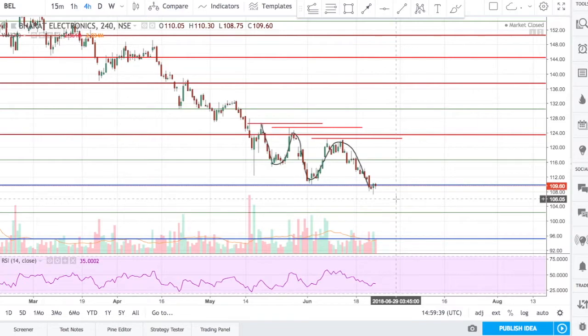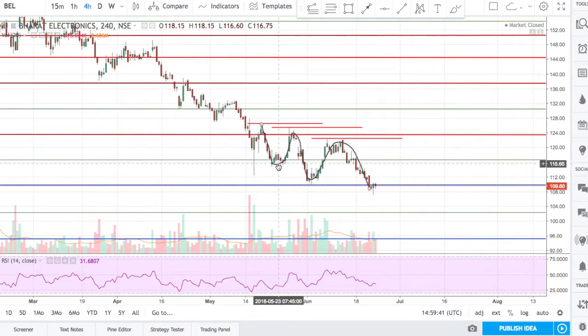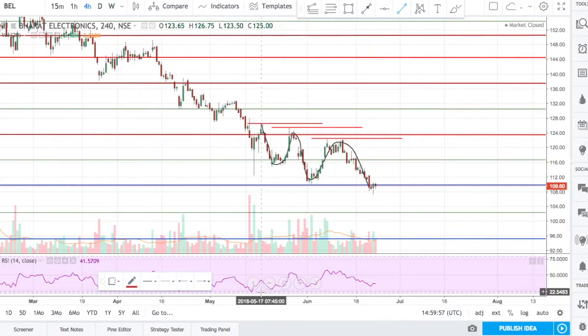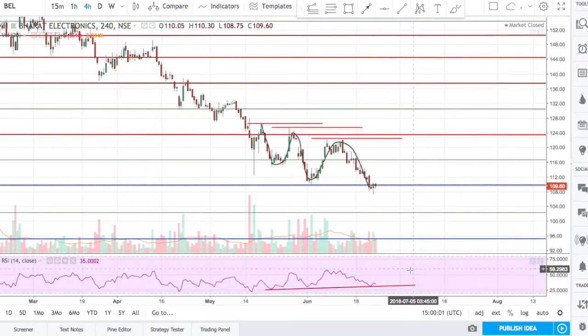On one hand, since these retracement moves haven't moved above the previous highs, that suggests the sellers are active at those levels, while on the other hand, this RSI divergence tells us the downside on the stock is limited.